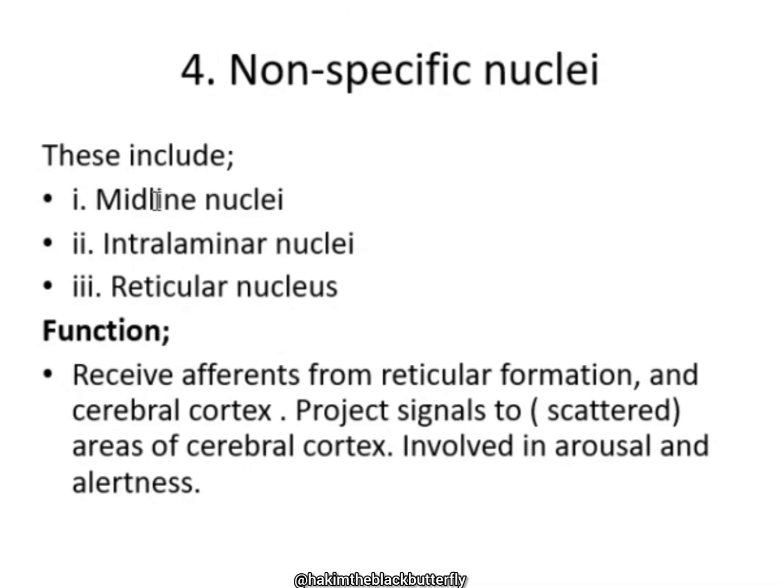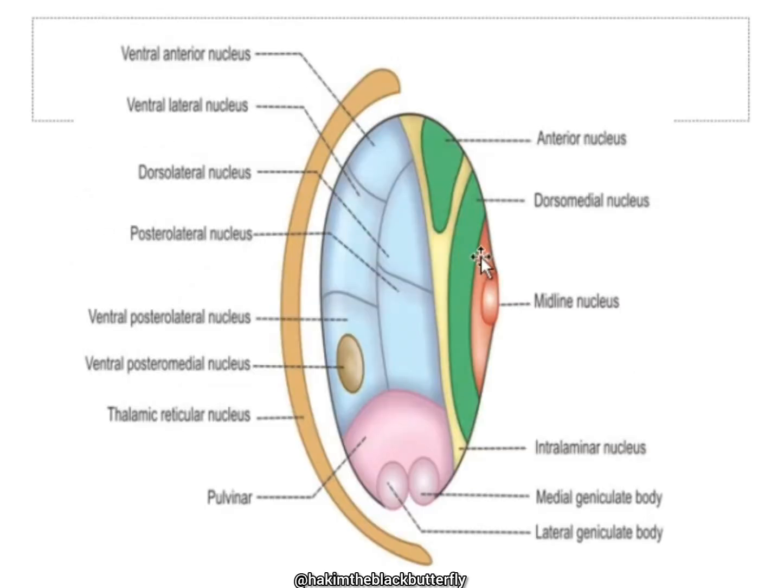So the midline nuclei, the intralaminar nuclei, and the reticular nuclei, which we saw here. These are the midline nuclei, the intralaminar, which are inside the lamina, and this one, which is the reticular nucleus. Information from these nuclei is transmitted to all parts of the cerebral cortex for purposes of awakening and arousing it.